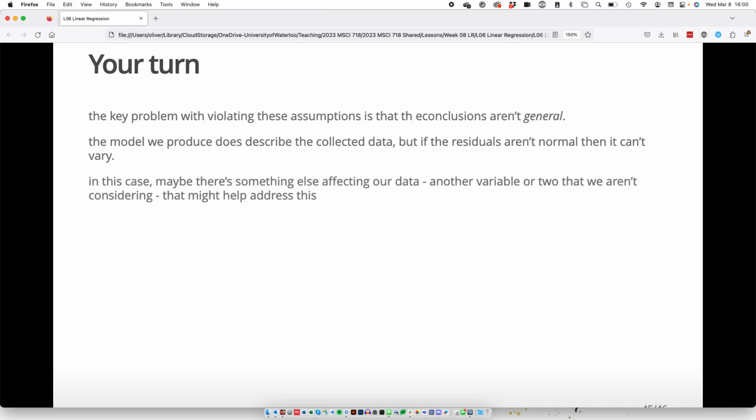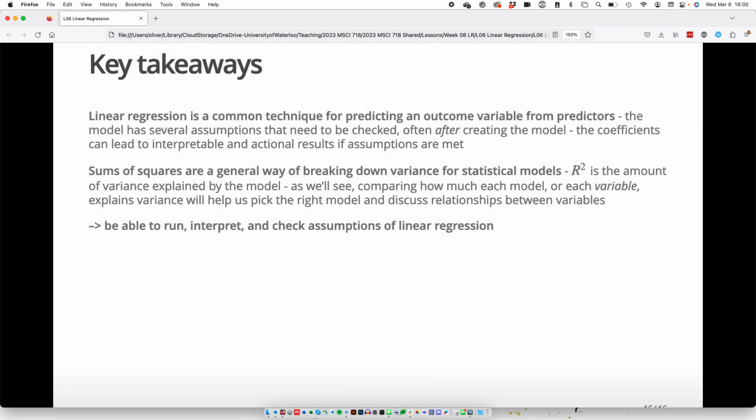This will still be the best fit line given the data that you have. So if you want to estimate just in that closed system, fine, but if you want to reach a general conclusion, you really have to give caveats and say, look, we don't meet the assumptions. So there might be something else affecting our data, maybe another variable that we haven't considered. That might help address this. And that means we should go look at multiple predictor variables, which we'll do after the break.